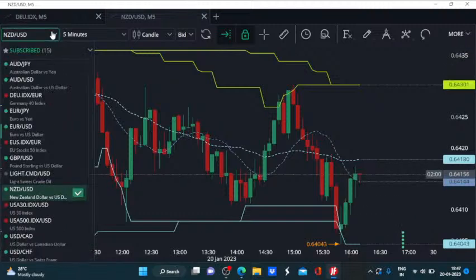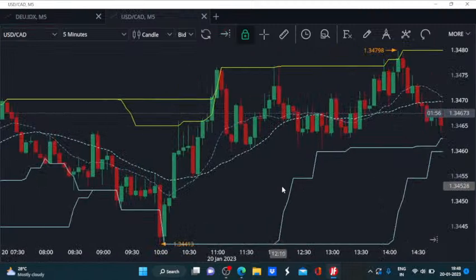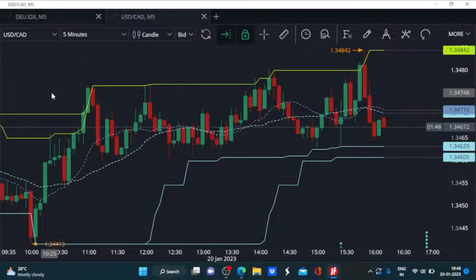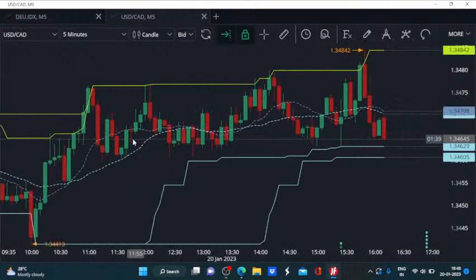For USD CAD, let's see the timeline. USD CAD made this low earlier, so that puts the NZD as the least bearish, as CAD seems to be more bearish than the NZD in its timeline of this rise and decline.